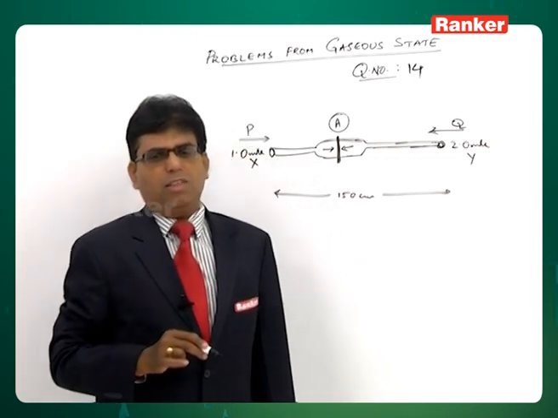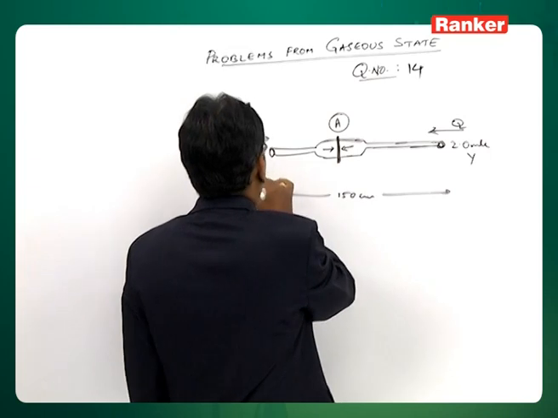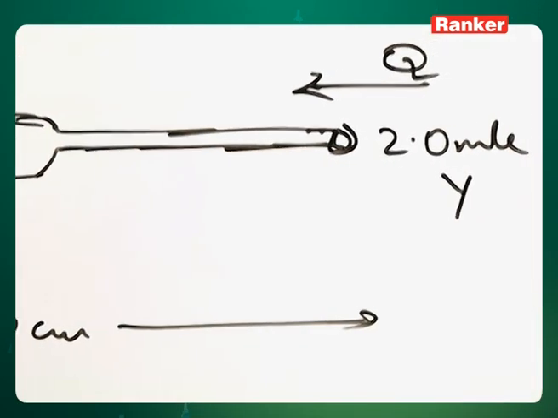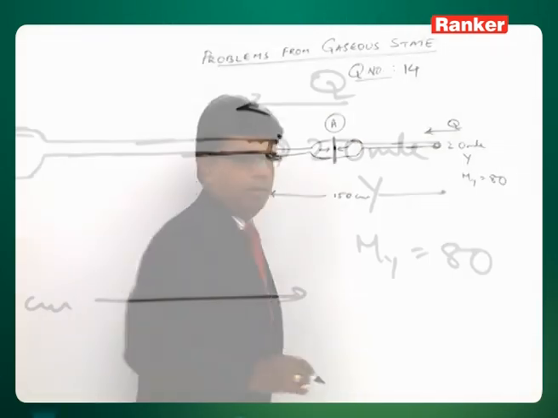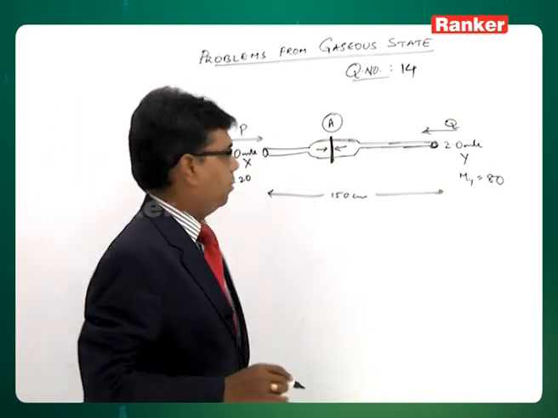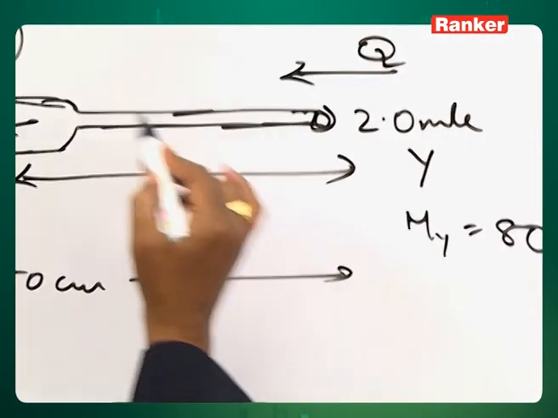If the molecular weights of gas X and Y are 20 and 80 respectively, then what will be the distance of point A from Q? He is asking what this distance is equal to.